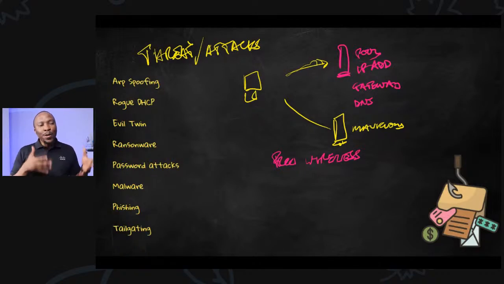In the event that you need to connect to free Wi-Fi, make sure that you connect to VPN, because the VPN tunnel is going to encrypt your traffic and protect it as it traverses through the untrusted network. Later on in this video, we're going to be looking at VPNs and how VPNs function, and demonstrate how you can use VPNs to protect yourself.